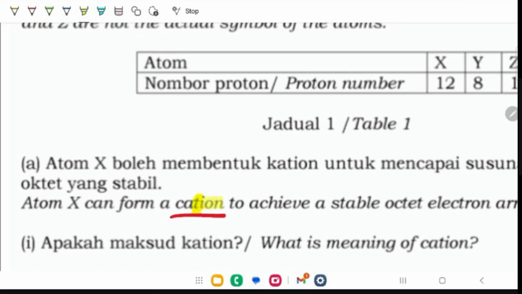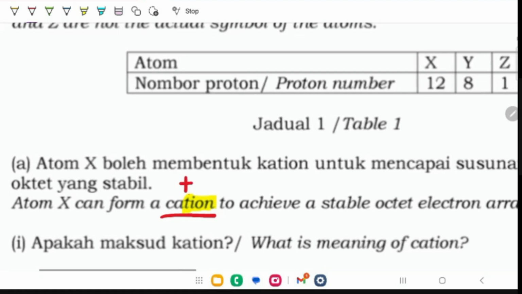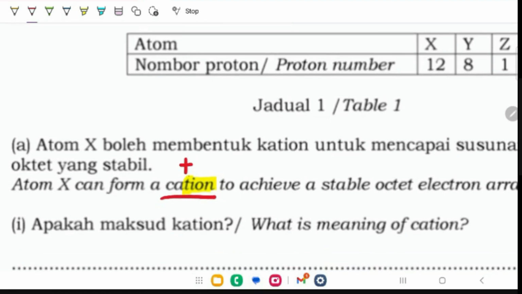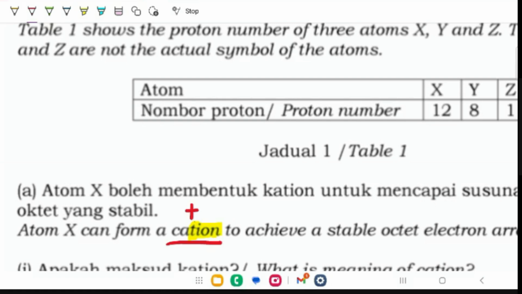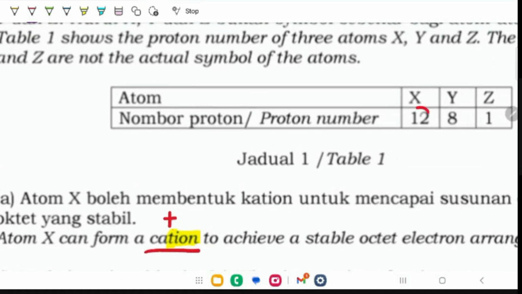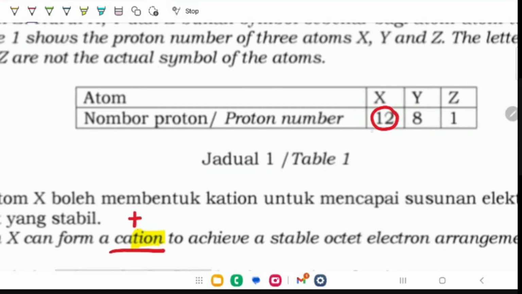Cations, you can see here, like this T, is positive. Positive ions. This is a way for you to memorize. So X will form positive ions. What is the electron arrangement for X?